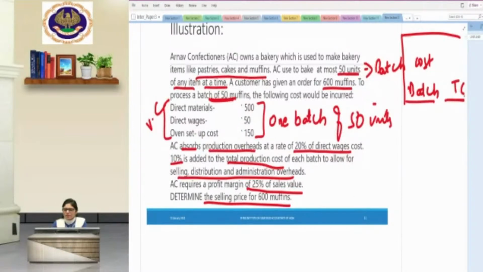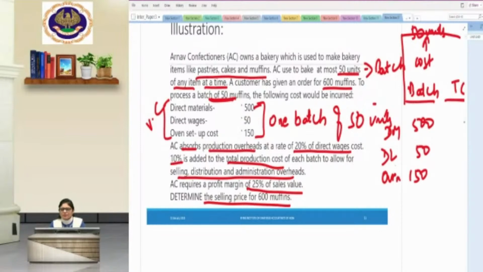First of all, direct material: 500 cost per batch is already given. Direct labor is 50 per batch, the cost per batch of 50 units. Then oven cost is 150 per batch. Now calculate total cost. Now you have to calculate for 600 muffins.